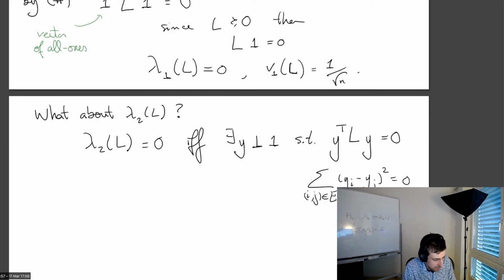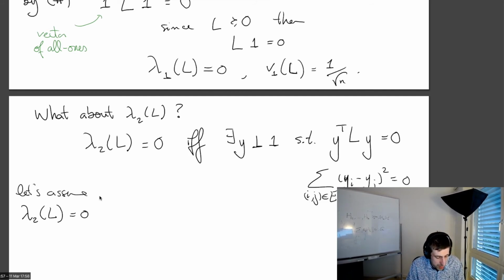But what does this tell us? Let me see if I can do this in 2 minutes. Let's say that we have this. Let's say lambda 2 of L is equal to 0. Let's assume.